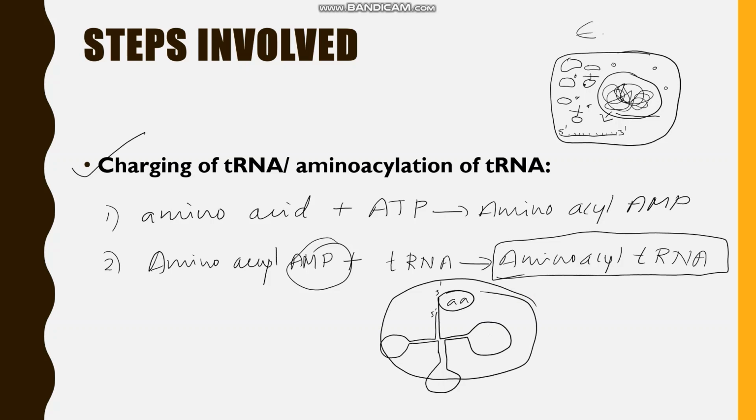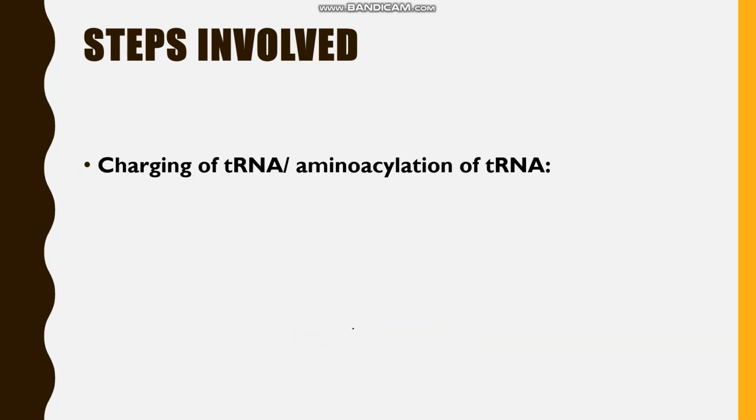Amino acyl tRNA. So this is the first step in translation, and this process is carried out with the help of an enzyme called amino acyl tRNA synthetase enzyme. So this is regarding the first step involved in translation.